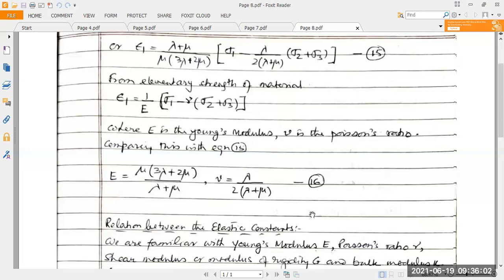Thus, we have got the two relations for E and nu in terms of lambda and mu itself, and the bulk modulus in terms of lambda and mu itself, or Lame's equations.